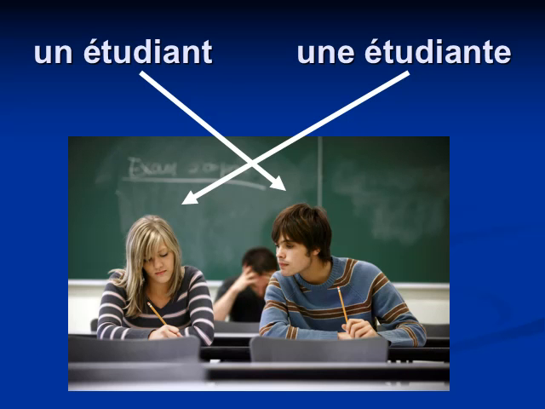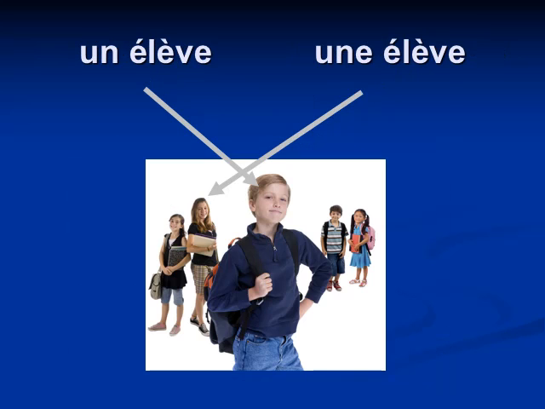Going down the list there, we've got un étudiant and une étudiante for a student. You need to fill in the étudiant and étudiante on both sides. Next up, we have un élève or une élève, which is a student that's younger, middle school or younger, I'd say.